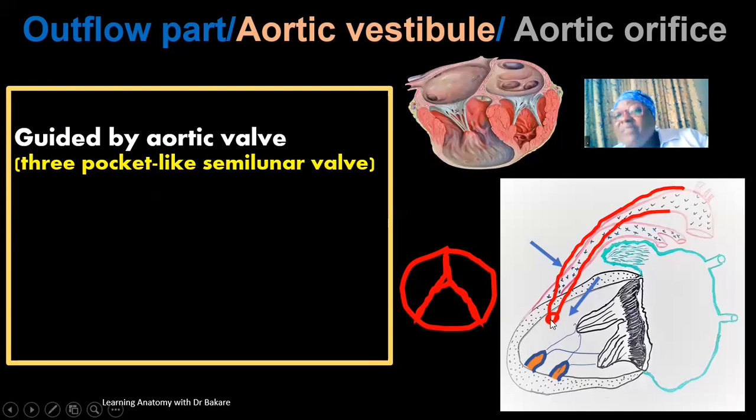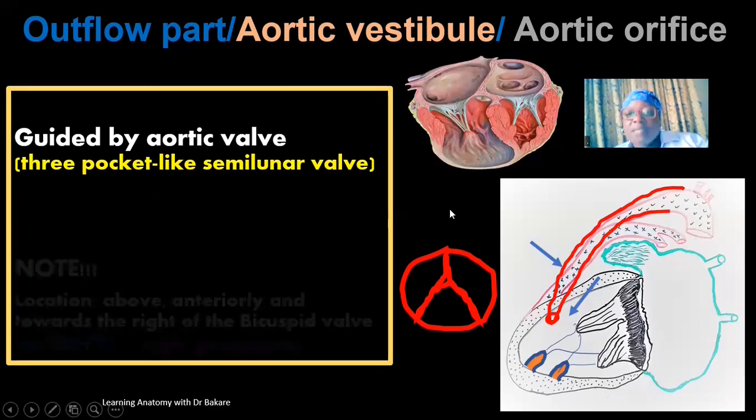So at this head, you have the aortic valve, which presents this three-pocket-like structure that opens into the aorta, so that when the left ventricle contracts, the blood can drive into the aorta, where it can be used to supply the different body organs.